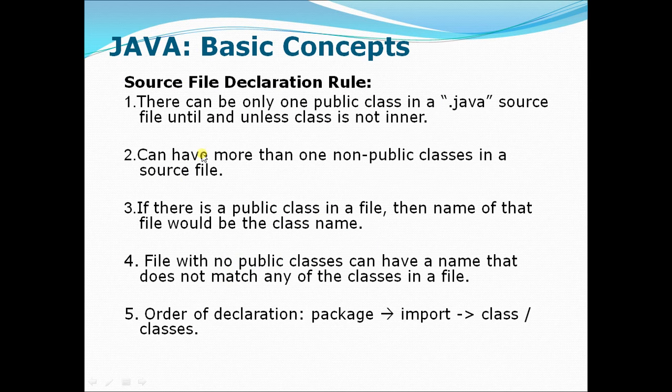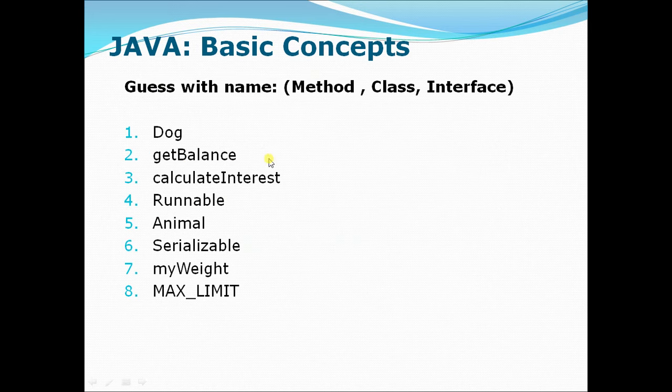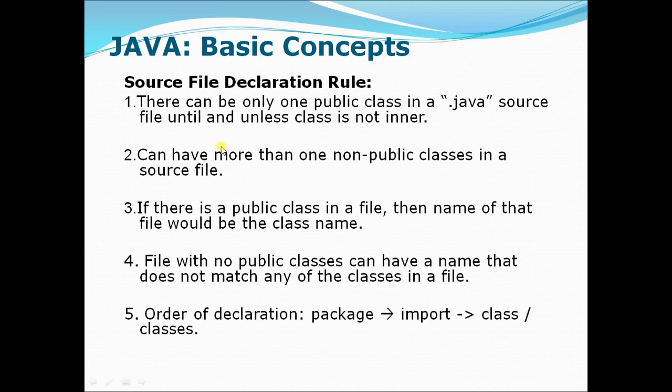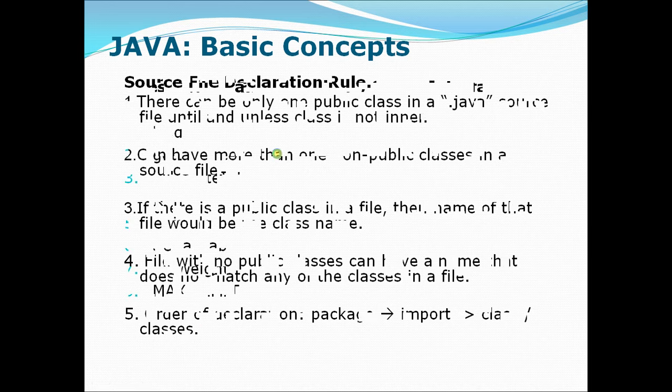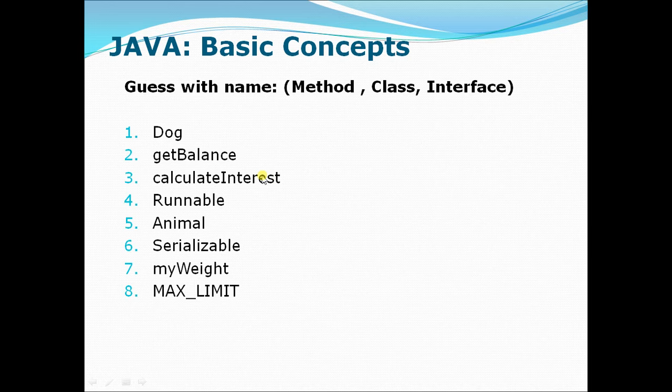So that is the Java source file declaration rule: package, import, then class. Based on the previous discussion, can you tell me: Dog is a noun, so class. GetBalance, verb plus something, so method.